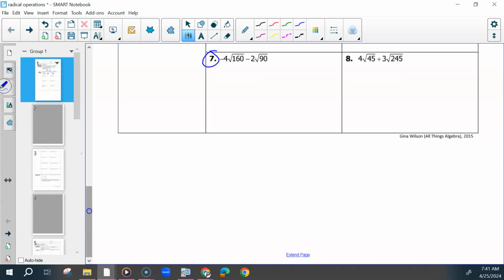Okay, we have to simplify both of these. So let's find the highest perfect square that goes into 160. So we can divide 160 by.